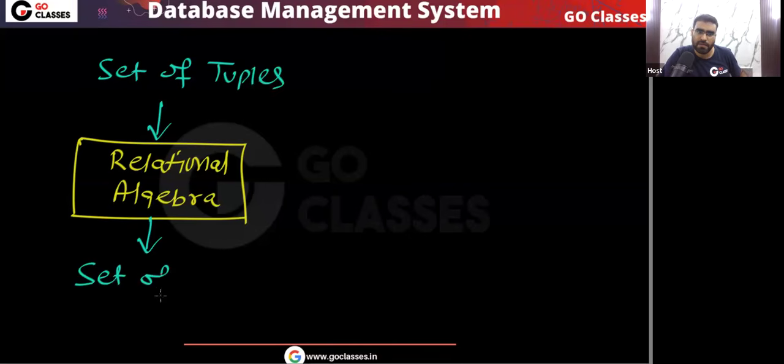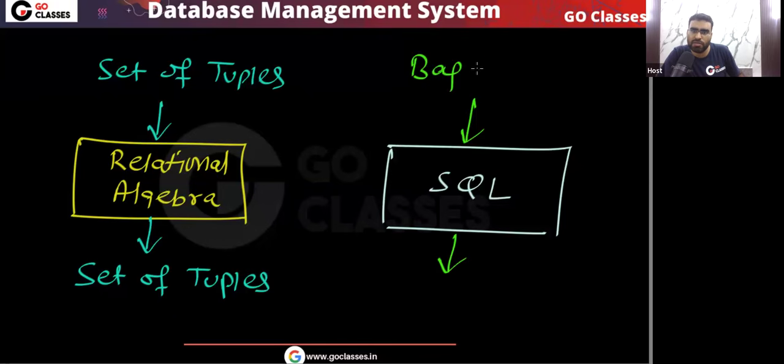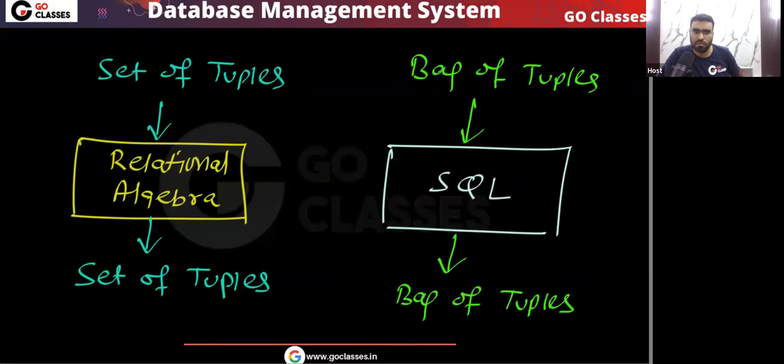But remember, in SQL, our input and output, they are bag of tuples. So you can have duplicate rows. Okay, is this point clear? So very simple point. I hope this point is clear. Bag means multiset. Another name for bag is multiset.